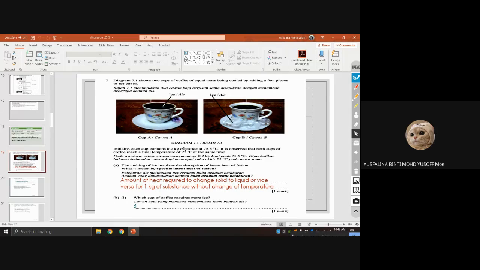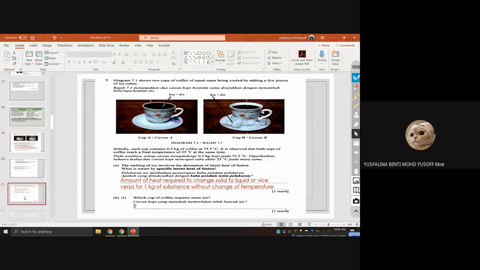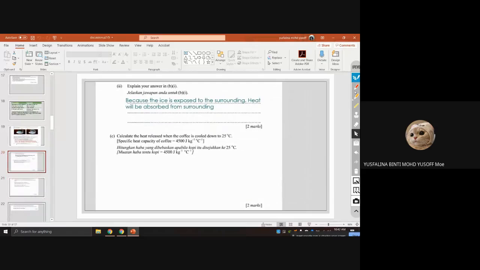So for this one, you just use Q equals mc theta, because there is a change in temperature from 75.5 to 25.